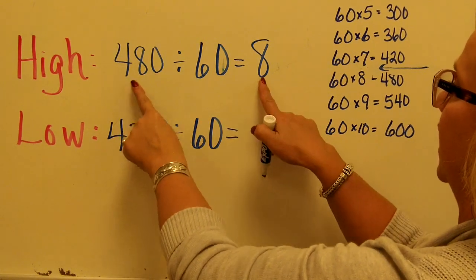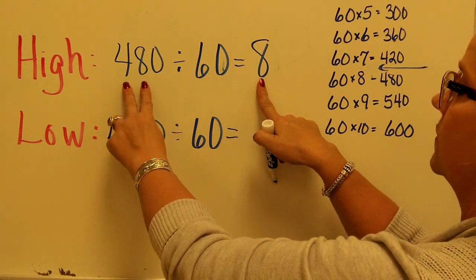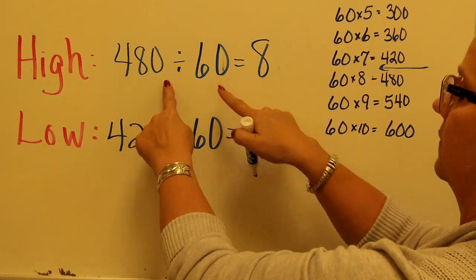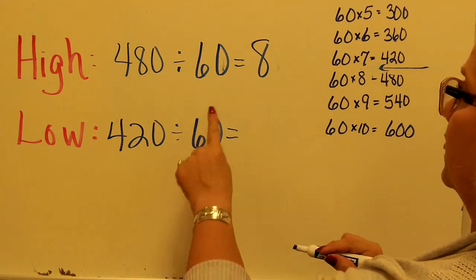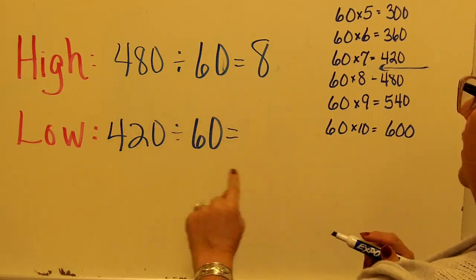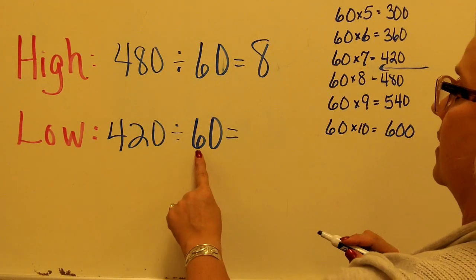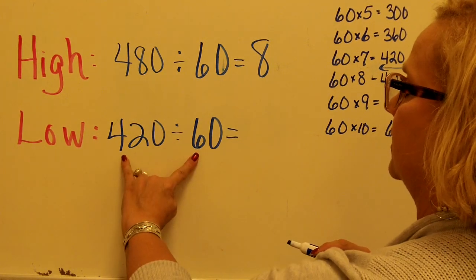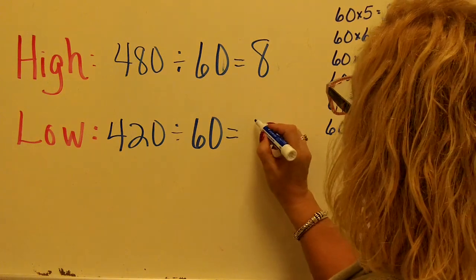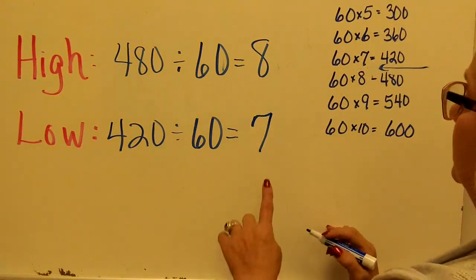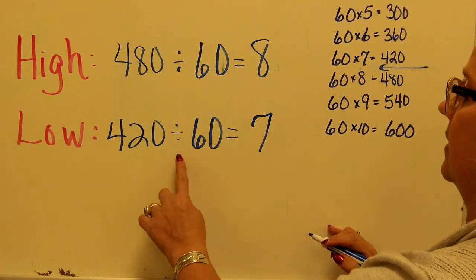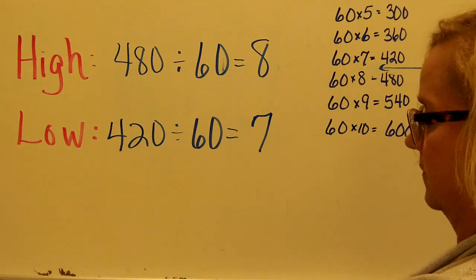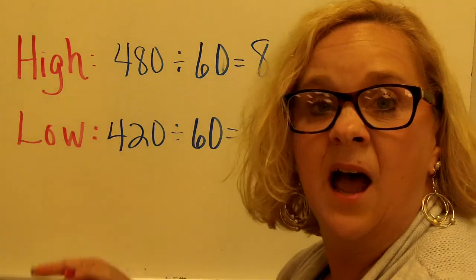It's the same thing as saying 8 times 6, which is 48, and adding my 0. All right? That was my high estimate. My low estimate is 420 divided by 60, and I know that 6 will go into 42 7 times, and 7 times 60 is 420. And that's estimating high and low.